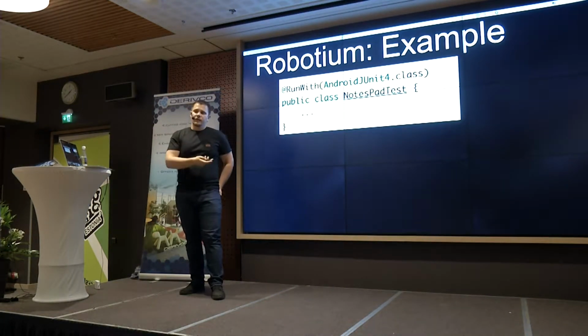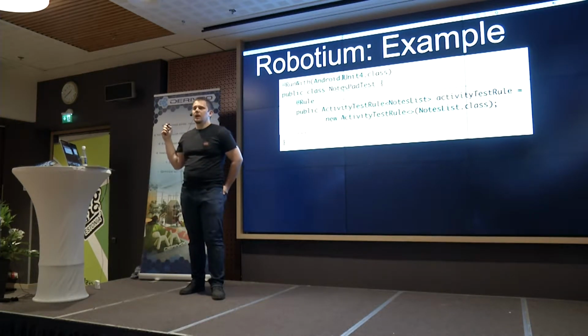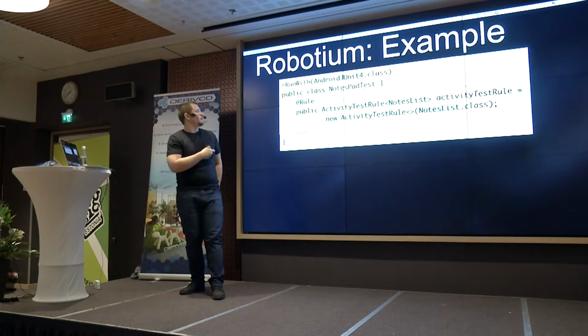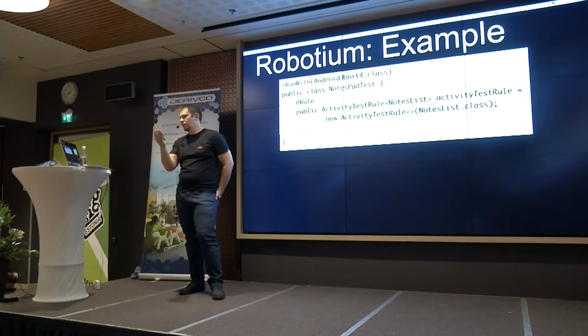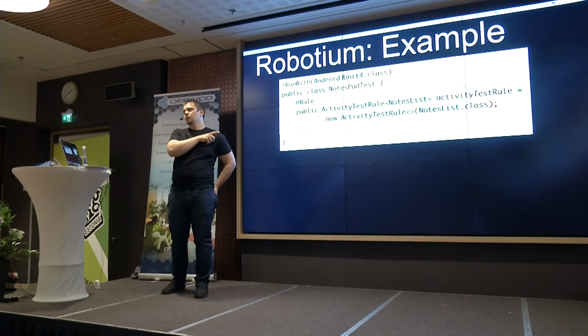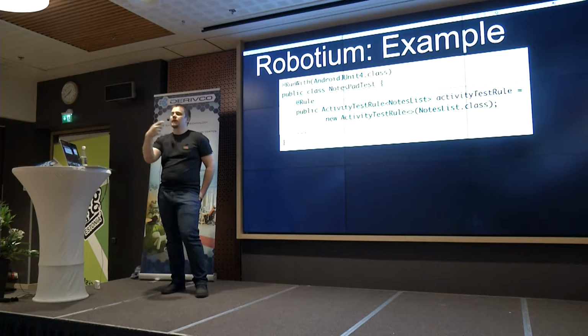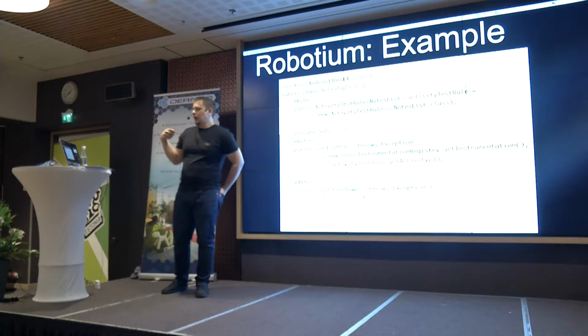And imagine you start to write a test for this application. So obviously, as I've mentioned, you have to define your runner on the top, the JUnit 4. Then you name your class, you create a rule. An important part here is that you have to bind the rule to the activity under test, the notes list, as you see in the line. The last line is the name of the activity I showed before.